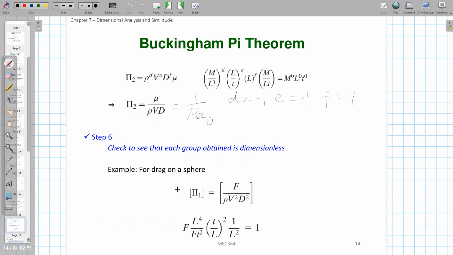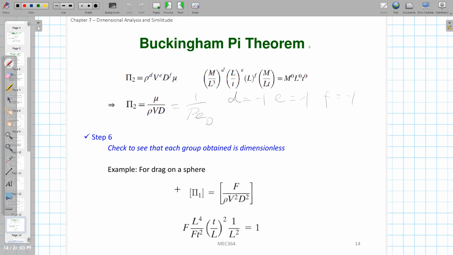So step 1 to step 6 is a detailed procedure for how you do the dimensional analysis. And again, let me emphasize the purpose of dimensional analysis: it gives you conditions even when you do not know the governing equation.